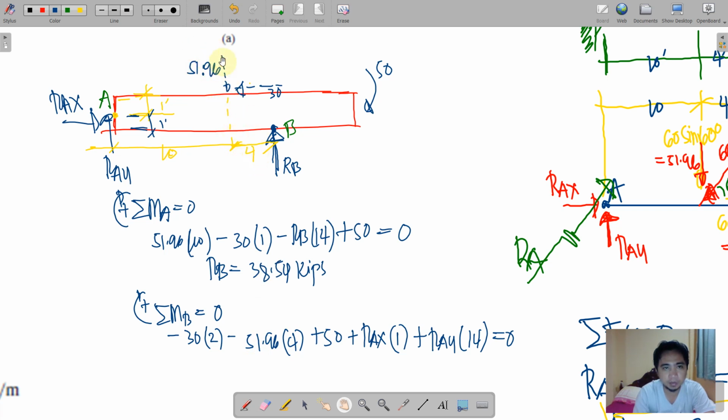The moment arm is 4. Plus 50. Huwag mo nang hanapin yung moment arm kasi 50 na yan. Couple na yan. And then plus RAX, clockwise naman to. So, we denote that by positive. 1 is the moment arm, and then plus RAY times 14 is equal to 0.